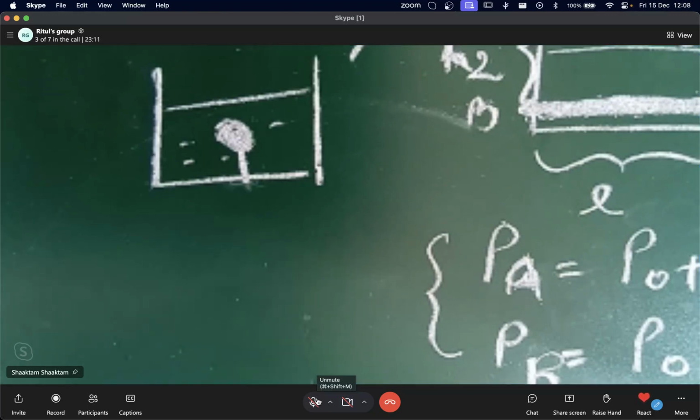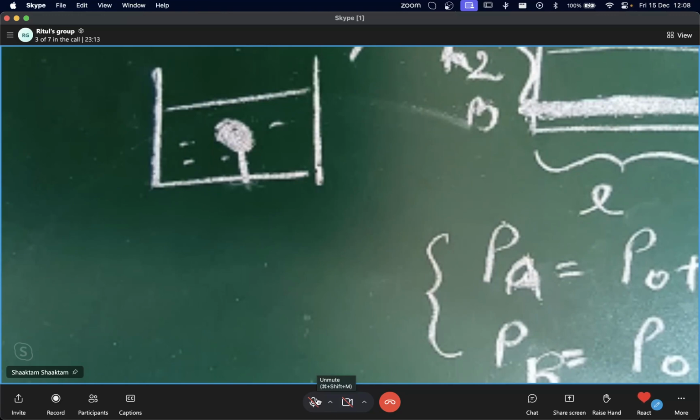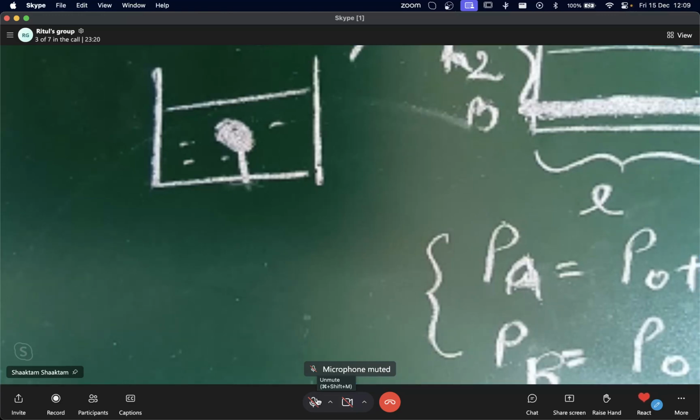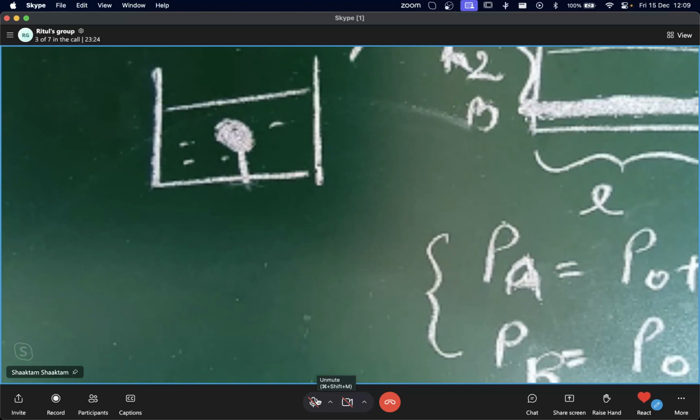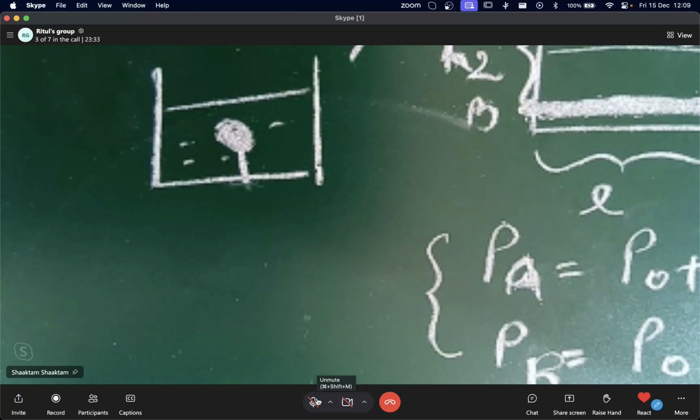Option 2: the string will bend to the left, that is, in the direction opposite to acceleration. Option 3: the string will maintain its perpendicularity. And the last, data insufficient.